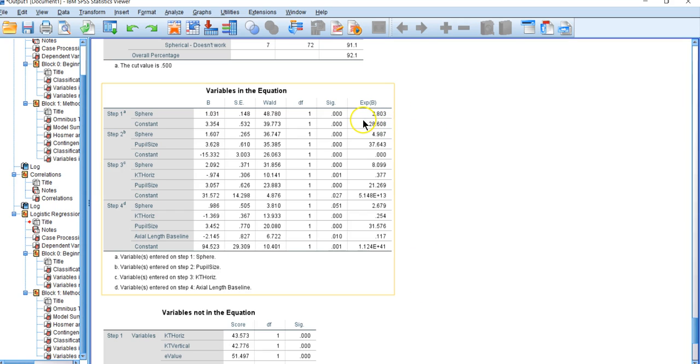let's note that once we get down here, the final equation is sphere, KT horizontal, pupil size, and axial length. We get these coefficients. Sphere, good control. Horizontal: the higher the number, the worse it is, or the higher the number, the better it is.